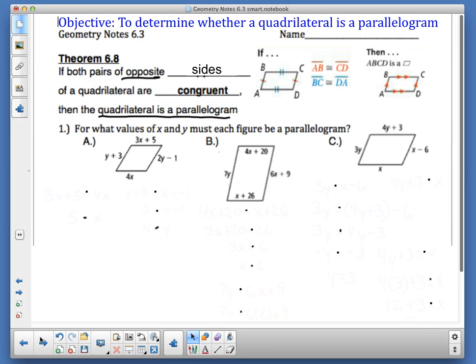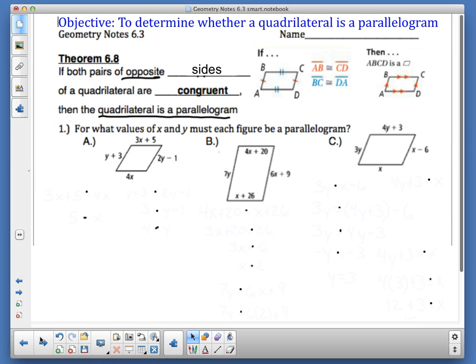Now today we get to learn the converse. The converse is when I have those properties exist in a four-sided figure, then I can call it a parallelogram. So if I have both sets of opposite sides congruent, then it's a parallelogram. If I have both sets of opposite sides parallel, then it's a parallelogram.